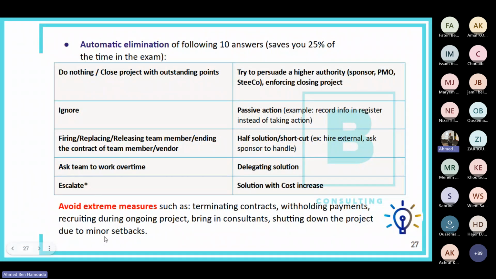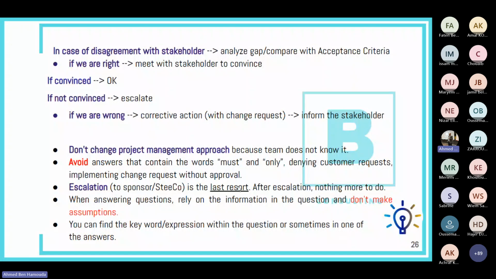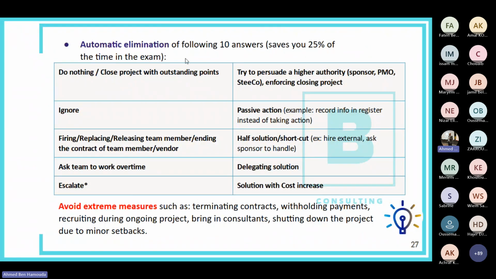Okay, so please, this page and the previous one, with all these avoid or automatic elimination items, I think really they contain probably 90% or more of all the possible scenarios and the possible answers to eliminate.